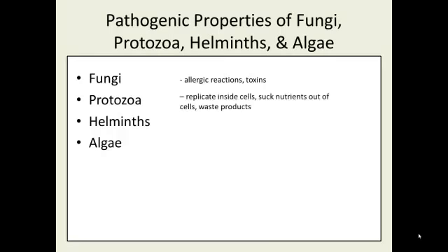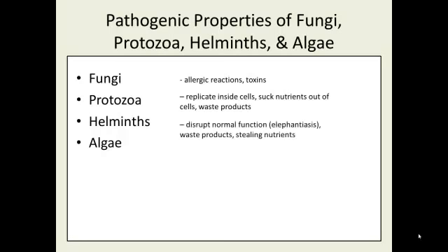Protozoa cause pathogenicity, cause damage. They can replicate inside of the cells, damaging the cells that way. They can suck the nutrients out of the cells from the outside, kind of like protozoal vampires. And sometimes it's their waste products. Buildup of waste, which your body sees as toxins, causes disease by altering the function of the host.